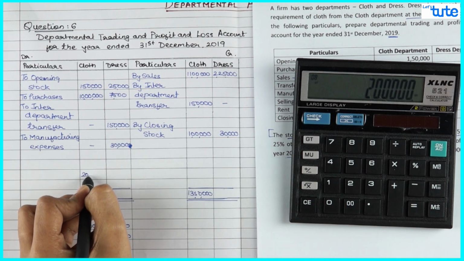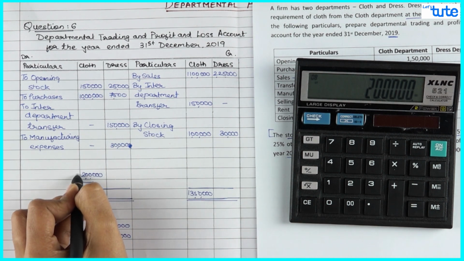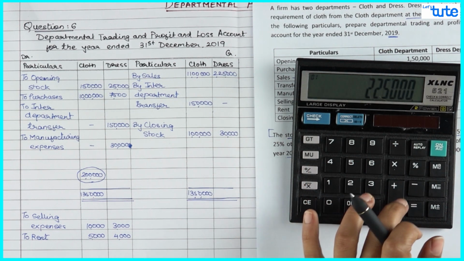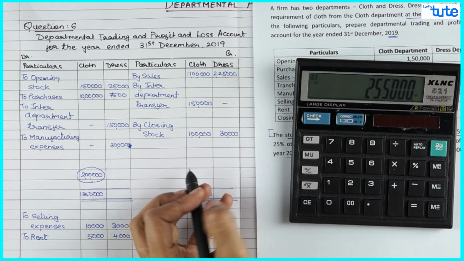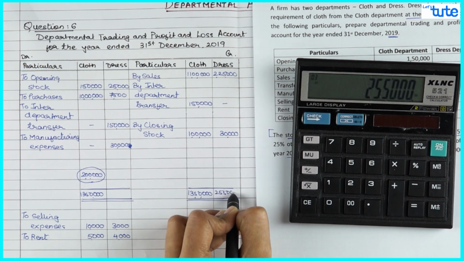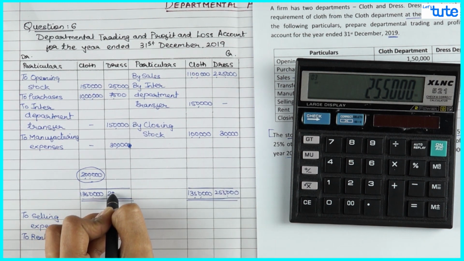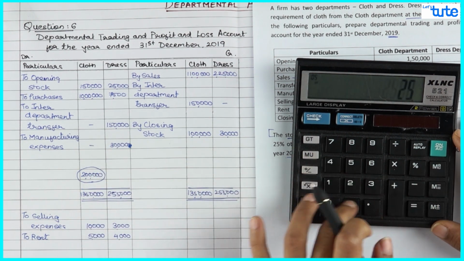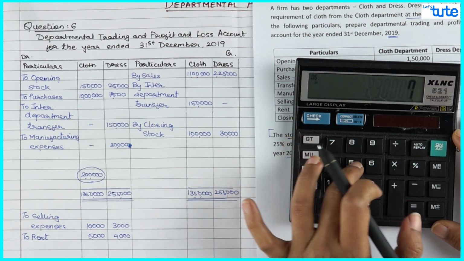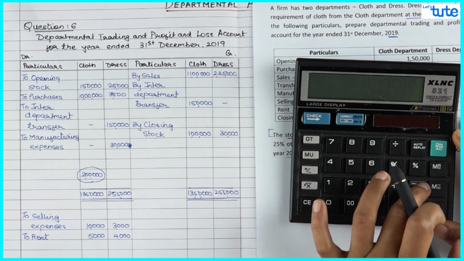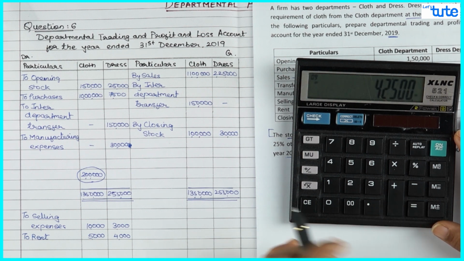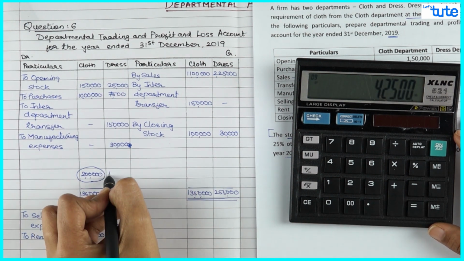So that profit comes to 2 lakh. And for dress department it is 2,25,000 plus 30,000. It is 2,55,000 minus 25,000 minus 7,500 minus 1,50,000 minus 30,000. So that comes to 42,500.